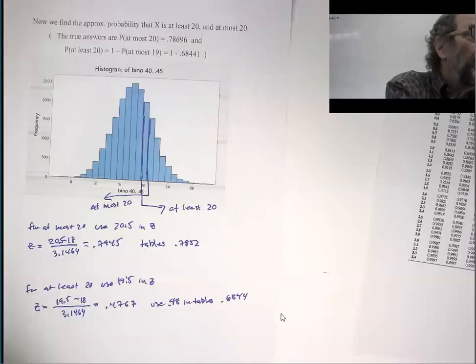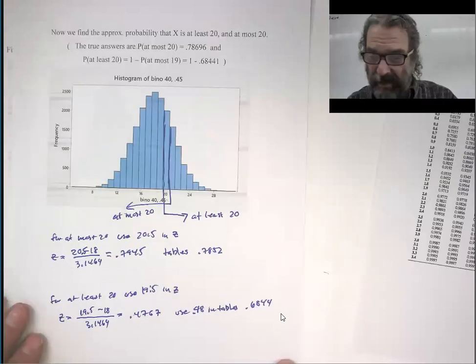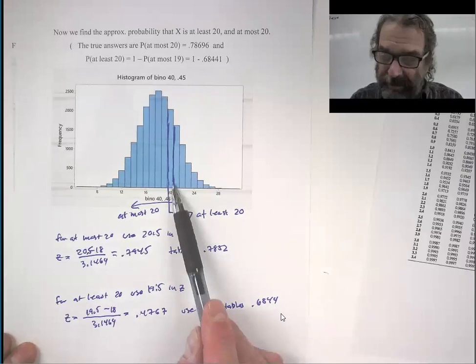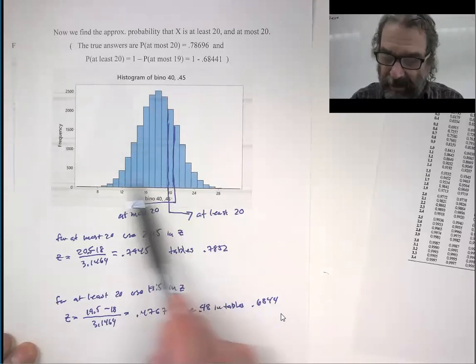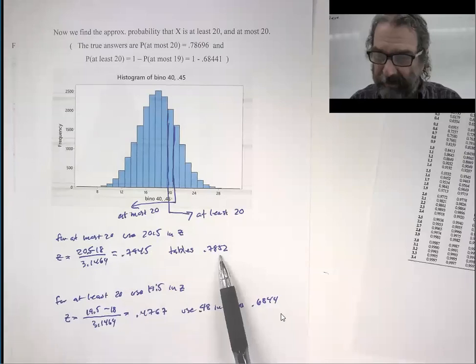There we go. So now I just have to worry about whether I accept that value or have to mess with it. So at most 20, I want the area on the left-hand side. Here's at most 20. There's 20.5. There's the answer.